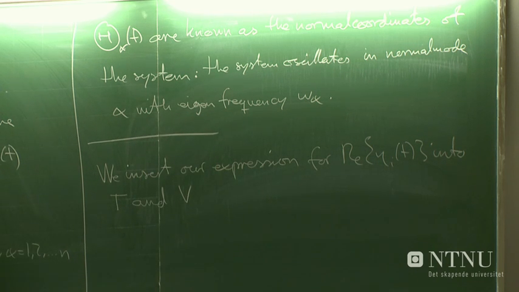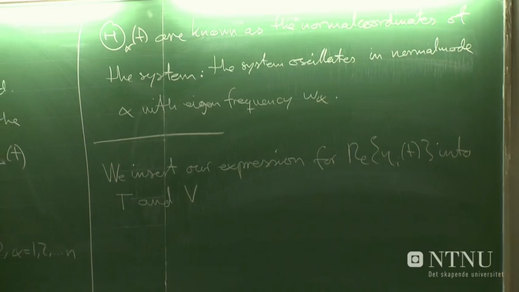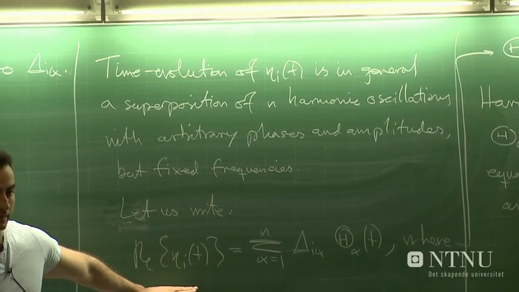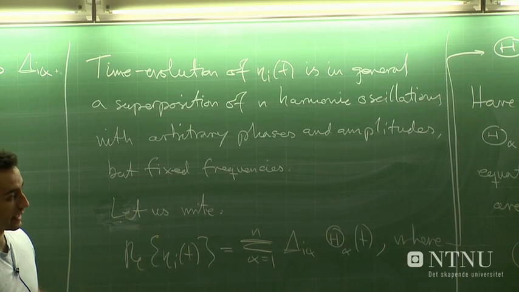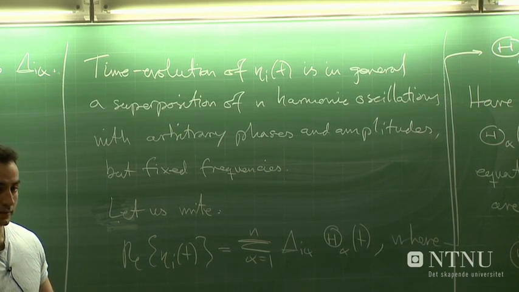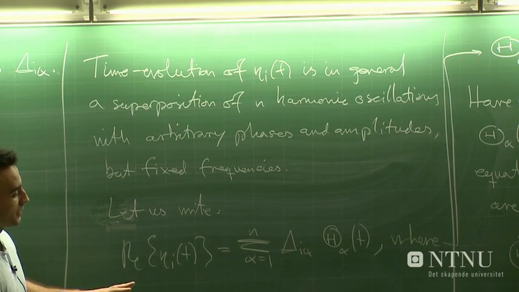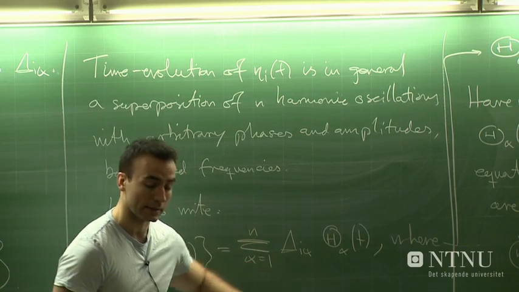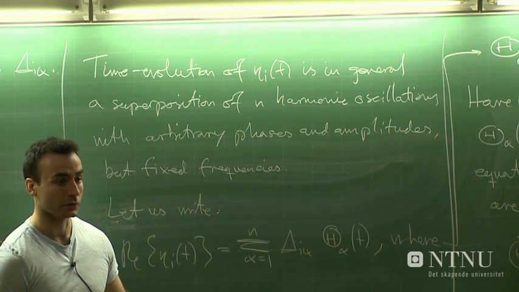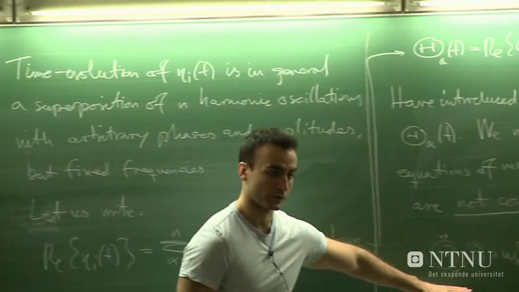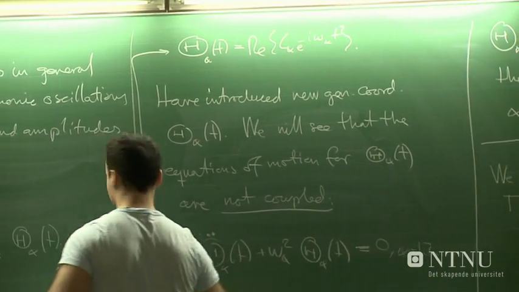So let's try to insert now our expression for eta i into the kinetic energy and the potential energy to see if we can find the Lagrangian in terms of these normal coordinates, which allows us to derive this equation of motion.